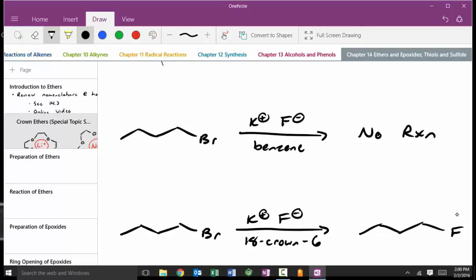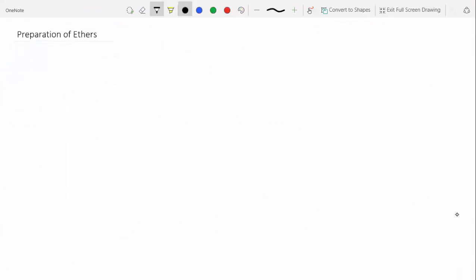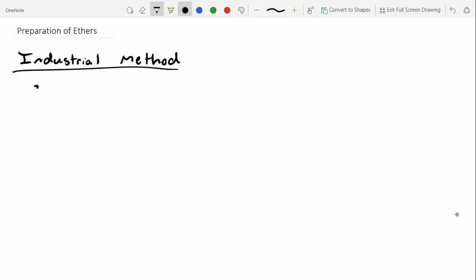All right, let's go on to preparation of ethers. And I'm going to show you guys the industrial method. The industrial method for prepping ethers works really well for simple ethers.